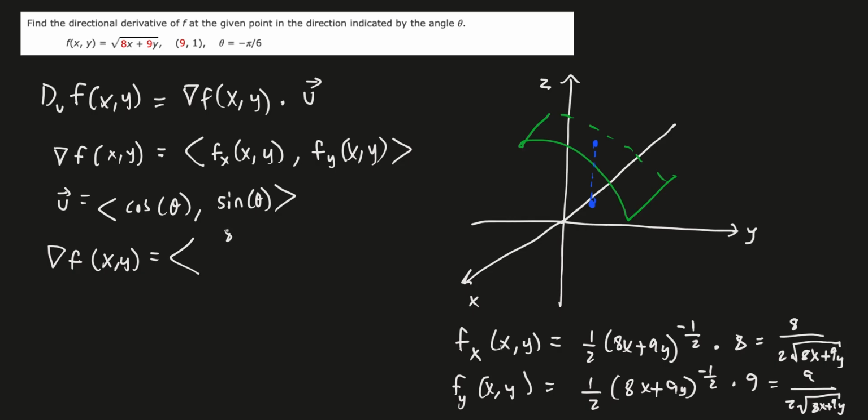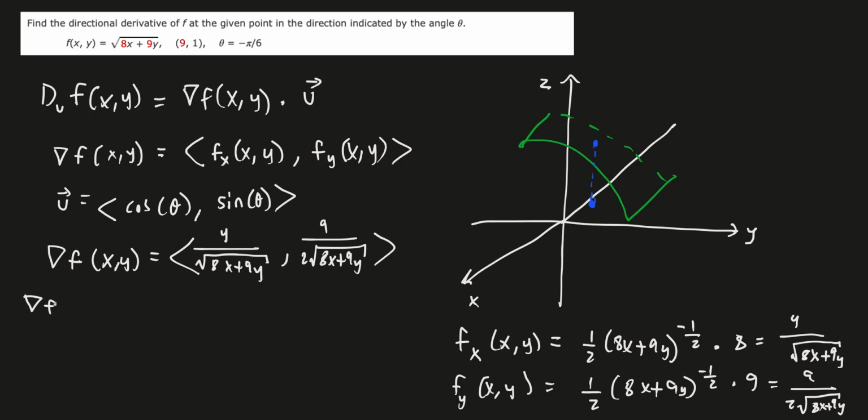It's just 8 over 2, which is 4, so we can simplify that. Okay, so that's 4 over the square root of 8x plus 9y, comma, 9 over 2 square root of 8x plus 9y.